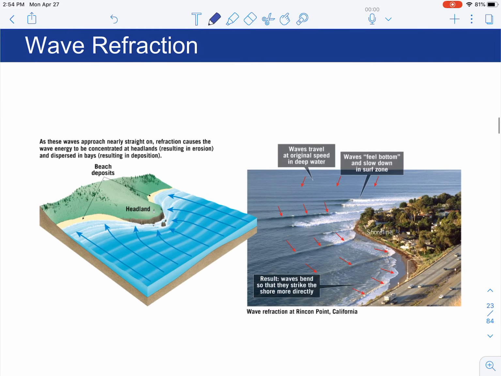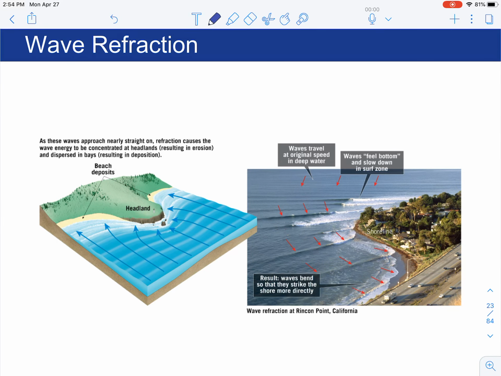So here's an example of what that looks like. If you've been to California, you see a lot of these features. Also in the northwestern United States, where you have waters approaching the shoreline pretty straight on. And then when they hit, they tend to refract or bend, which concentrates all that energy into one area, generating some cool features like right here, you've got this headland, which is the same as this area here.